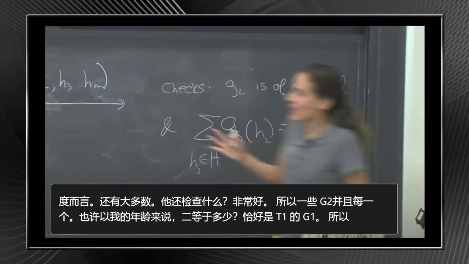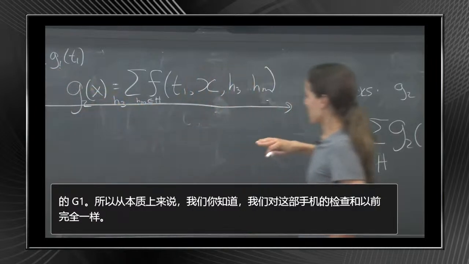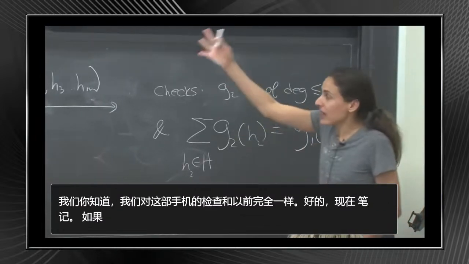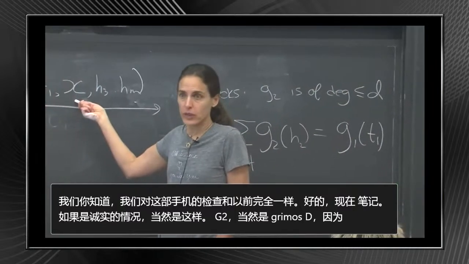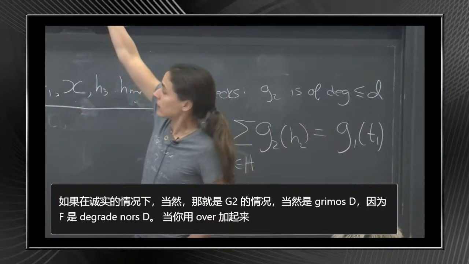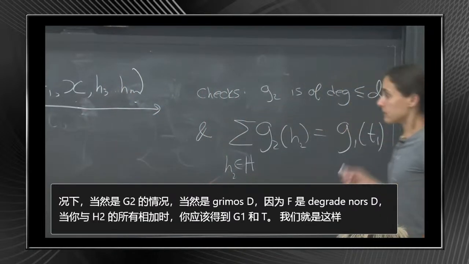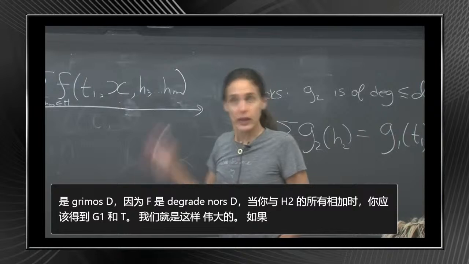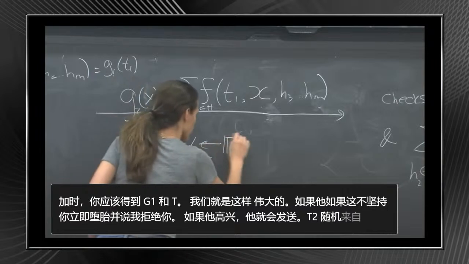So essentially, we check this polynomial exactly as we did before. Note that in the honest case, of course, that holds. G2 is of degree at most D, because F is of degree at most D. And when you sum over all of H2, you get exactly G1 of T1. If this does not hold, he immediately aborts and says, I reject you. If he's happy, he sends a T2 at random from the field.